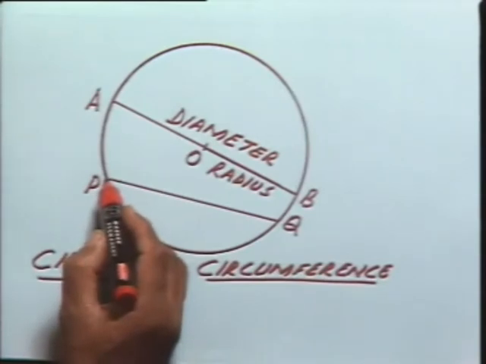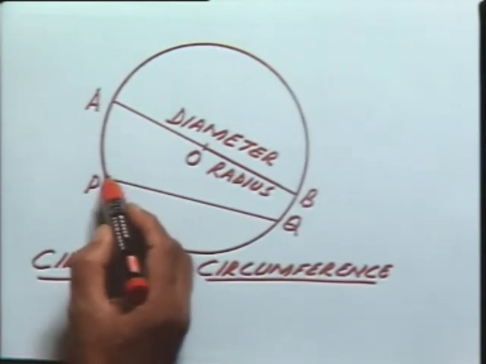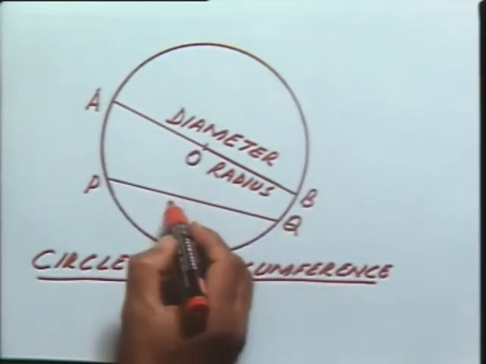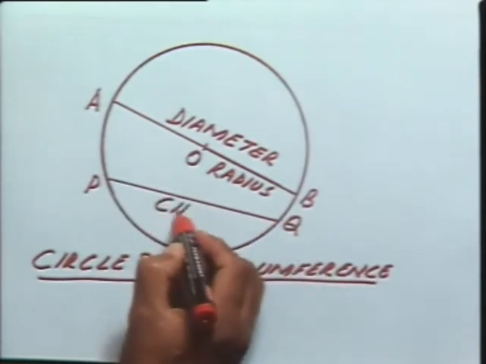A line segment which has its end points on the circle is termed the chord of the circle.